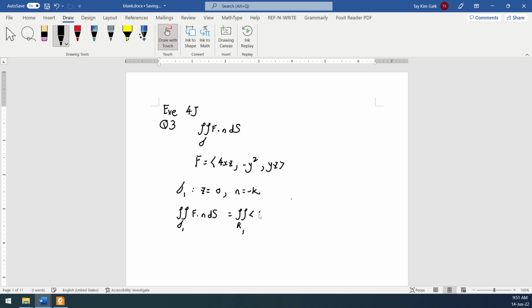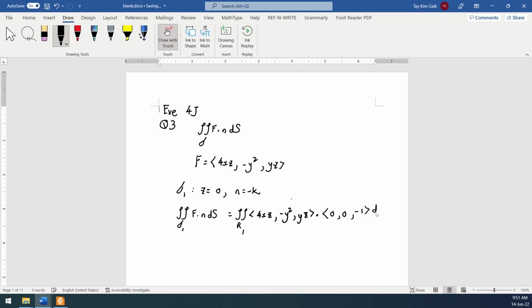F is 4xz i minus y squared j minus yz k. With n as negative k, component i is 0, component j is 0, component k is negative 1.